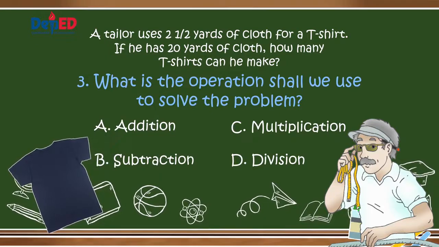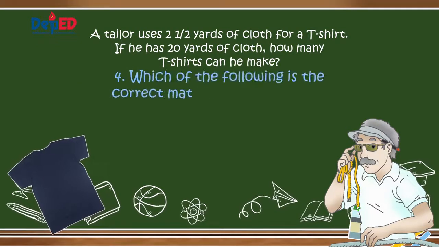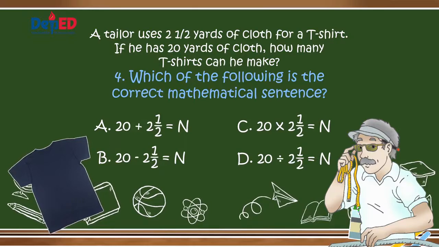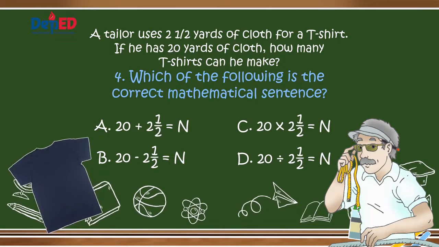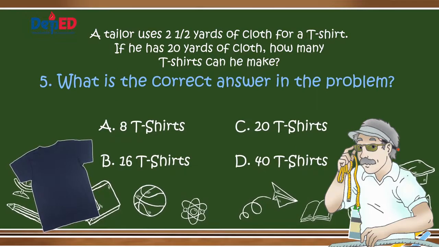What operation shall we use to solve the problem? Number 4. Which of the following is the correct mathematical sentence? Number 5. What is the correct answer in the problem?